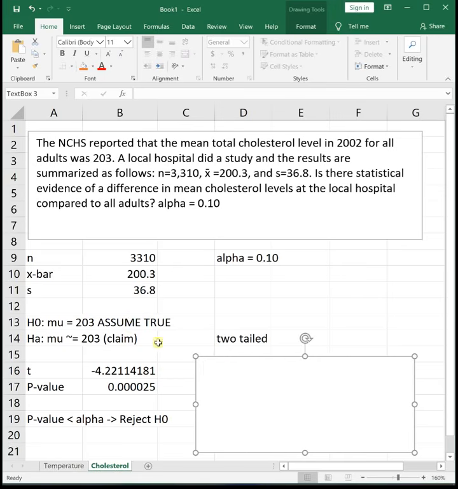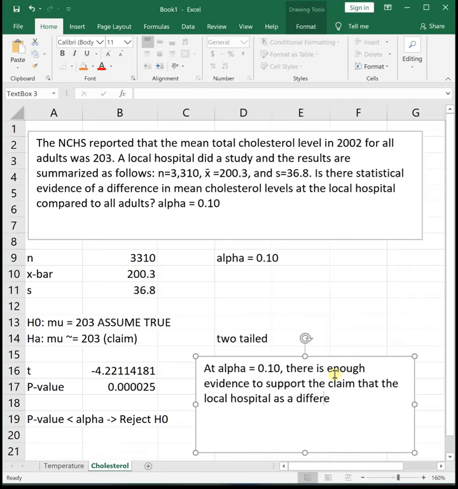So that means our H sub A must be true, so our claim is true. So at alpha equals 0.10, there is enough evidence to support the claim that the local hospital has a different mean cholesterol than the study.